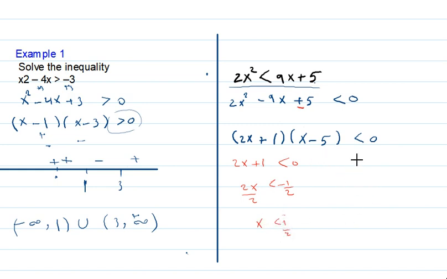Or x minus 5 less than 0, then x has to be less than 5. So the solution is when x is less than minus 1 over 2 or x is less than 5.